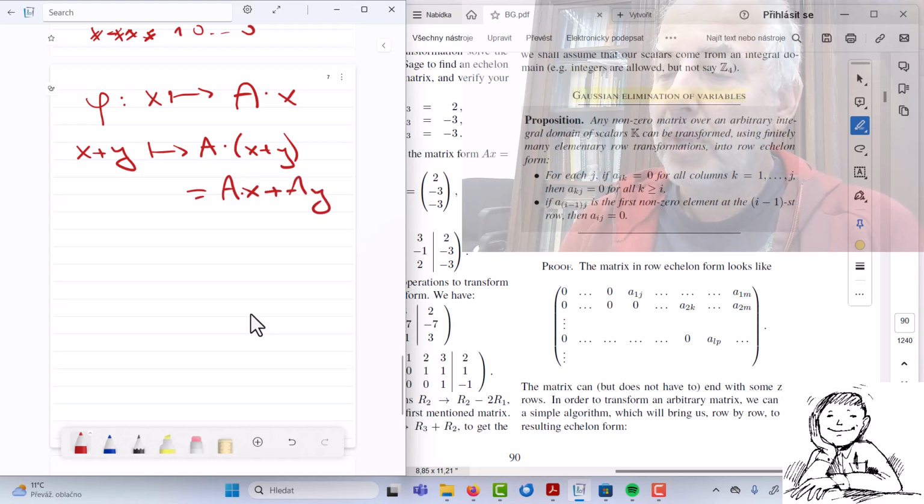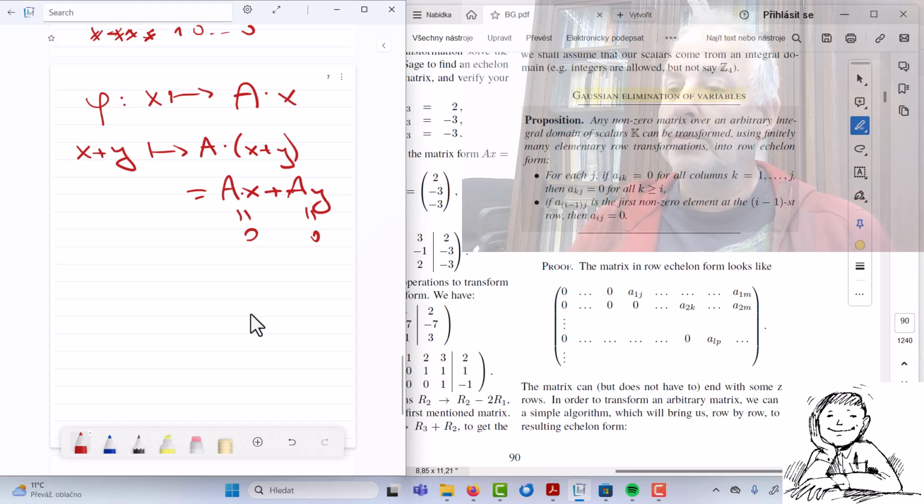So if this is 0, this is also 0, then the sum is 0 as well. So you see that what we call the kernel of the mapping, the vectors which are sent to 0, is closed with respect to addition.